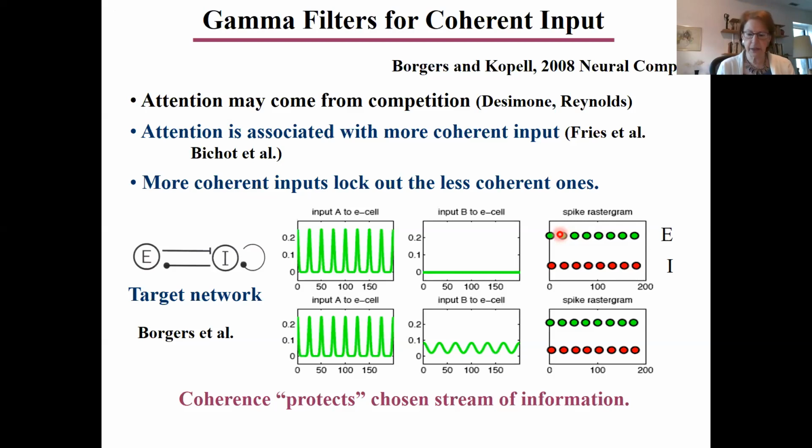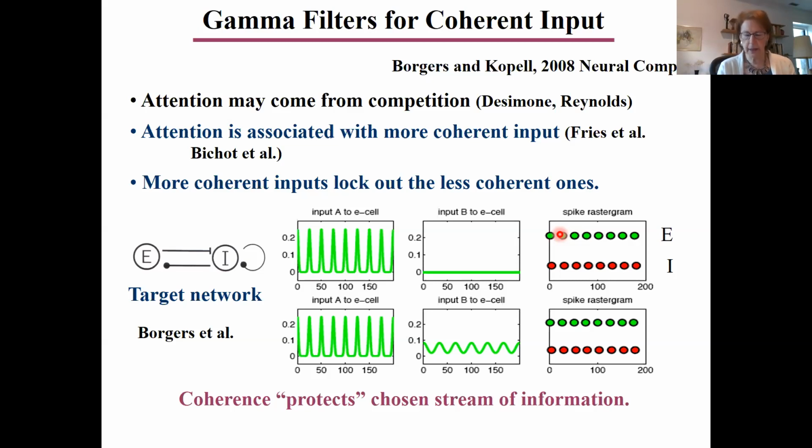That is, if some input, bottom up or top down, is in some sense more important, not spelled out, than another one, then it will win. Desimone and Reynolds had a very important and influential paper about this. What their paper doesn't account for is the observation that essentially every time you have anything you can call attention, you see a whole lot of gamma. So what is this gamma actually doing?